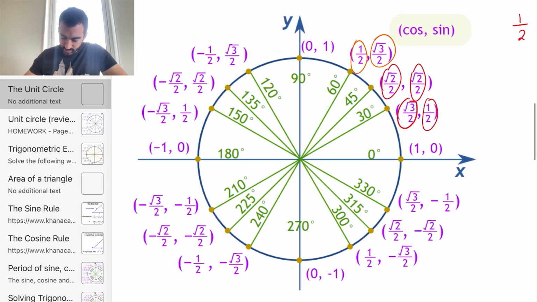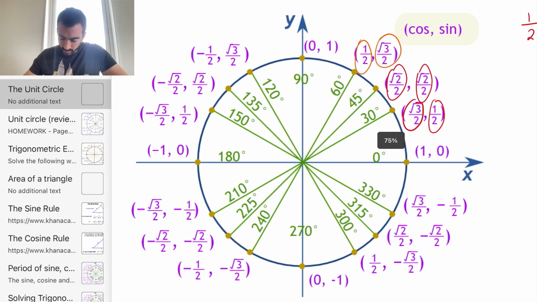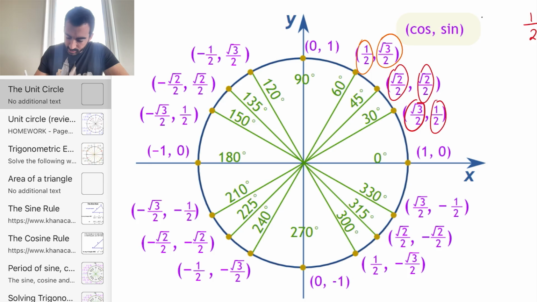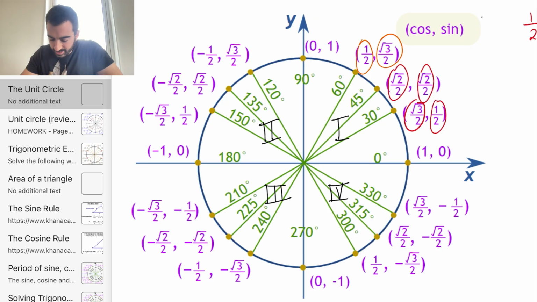It's interesting to see that here we're dealing with a cos and sine, and now we have the first quadrant, the second quadrant, the third quadrant, and the fourth quadrant. The cos and sine values for the first quadrant are all positive. Positive cos and positive sine.